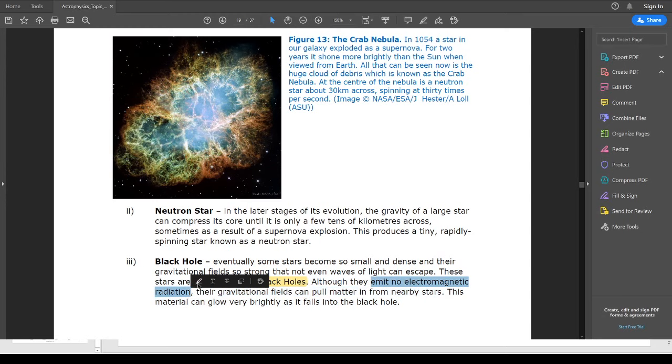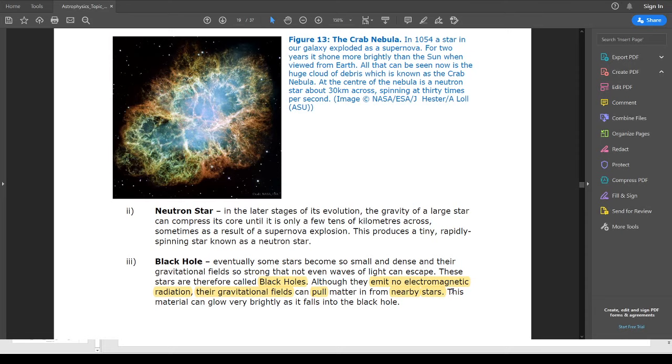There is no light, no infrared, no ultraviolet, nothing. However, their gravitational fields pull matter in from nearby stars.